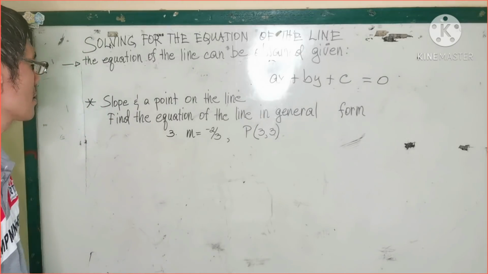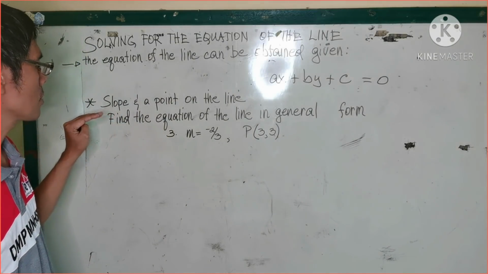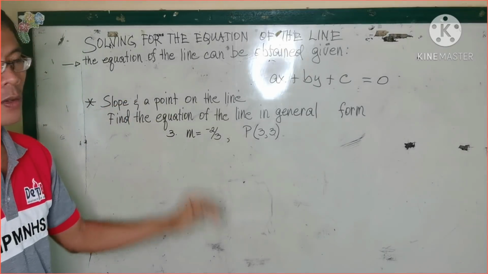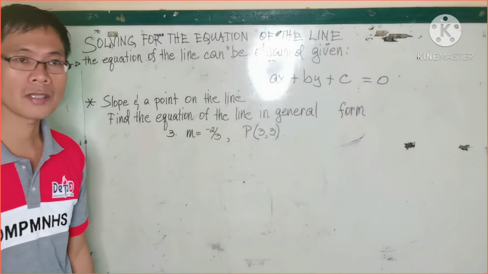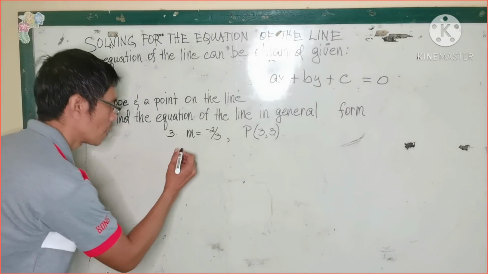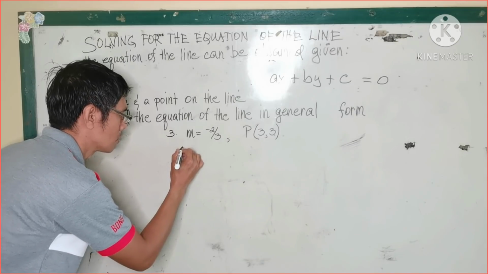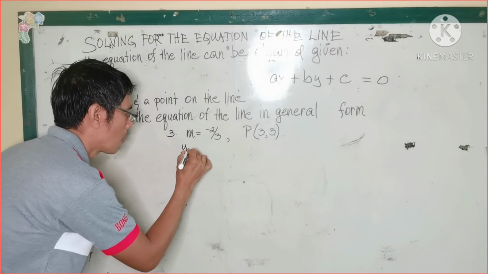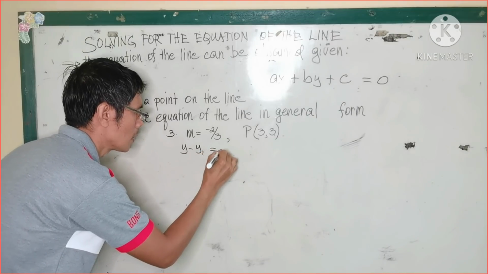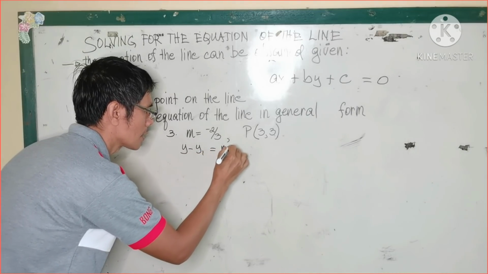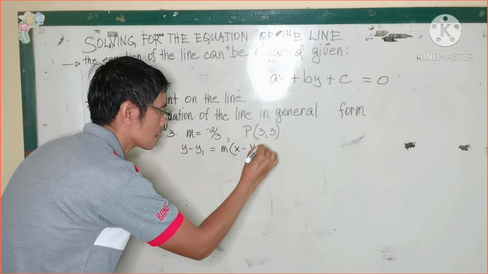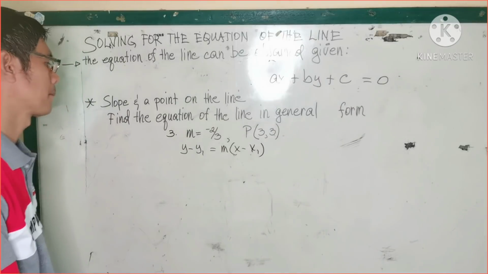So since we are to solve for the equation of the line given the slope and a point, we are going to make use of the point slope form of your line. The point slope form is y minus y sub 1 equals m times x minus x sub 1.